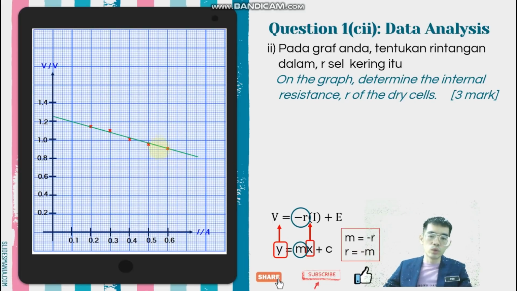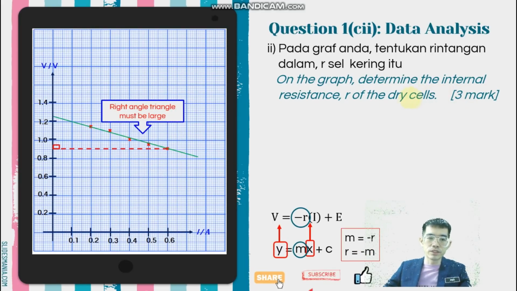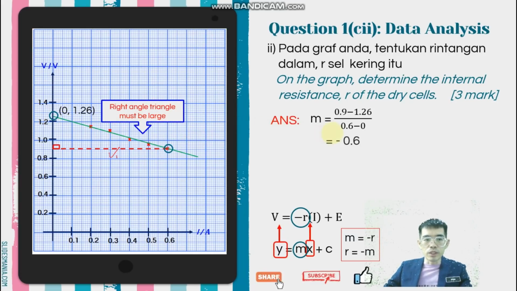So for the gradient, how can we get full marks here, 3 marks? First, you have to draw a right angle triangle, big enough. This will be the first mark. Second, we identify the points of the right angle triangle, and here we substitute the values, 0.6 and 0.9.